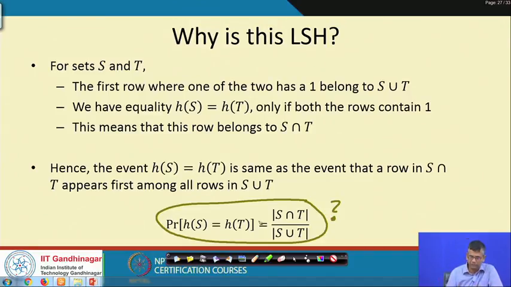And so, the probability of these two events is the same, because this is a uniform random permutation.